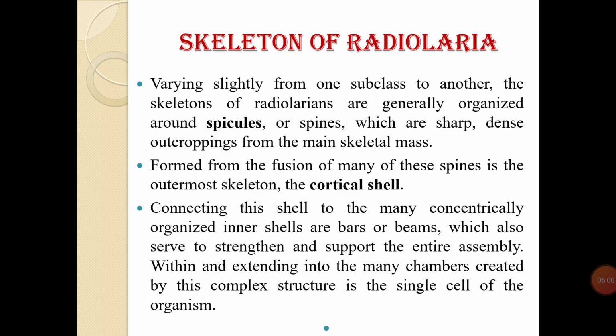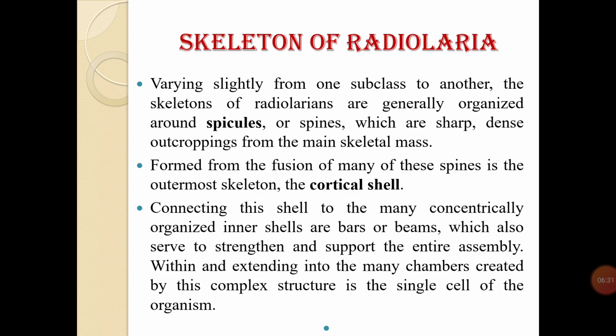Varying slightly from one subclass to another, the skeletons of radiolarians are generally organized around spicules or spines, which are sharp, dense outcroppings from the main skeleton mass. Formed from the fusion of many of these spines is the outermost skeleton, the cortical shell.